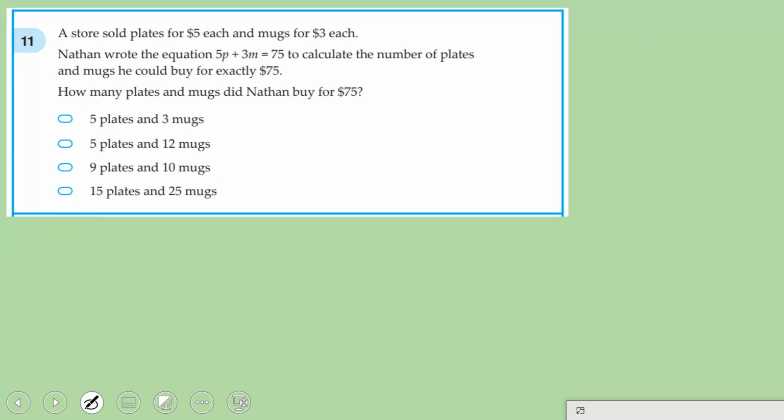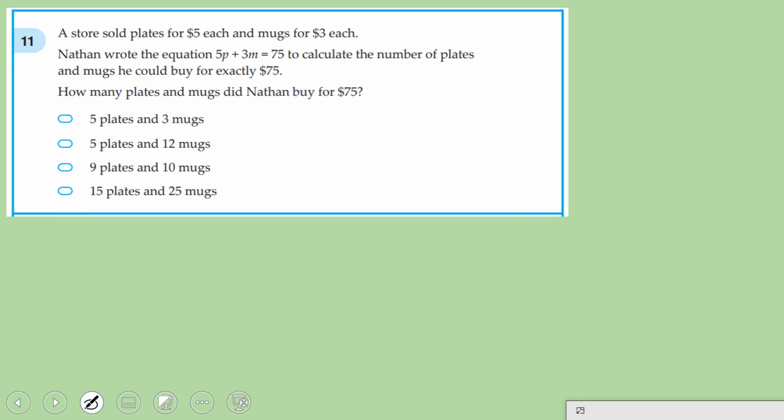A store sold plates for $5 each and mugs for $3 each. Nathan wrote the equation 5p plus 3m equals 75 to calculate the number of plates and mugs he could buy for exactly $75. How many plates and mugs did Nathan buy for $75? So he says $5 for each plate, $3 for each mug.